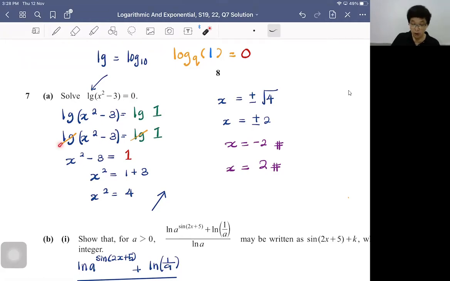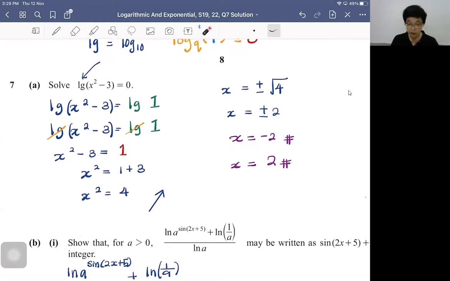We just cancel them out and bring only the remnant of them down to do our second step. The remnant of the left-hand side is x squared minus 3, and the remnant of the right-hand side gives us 1.